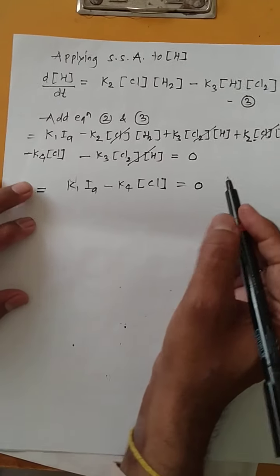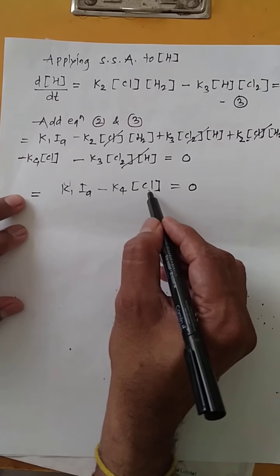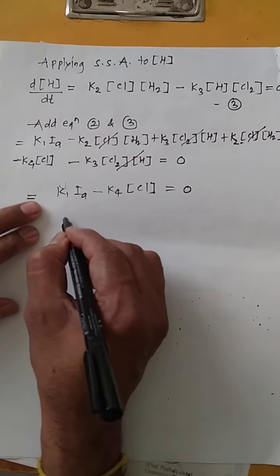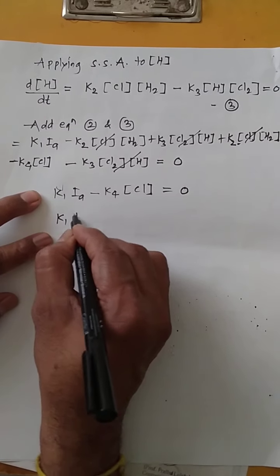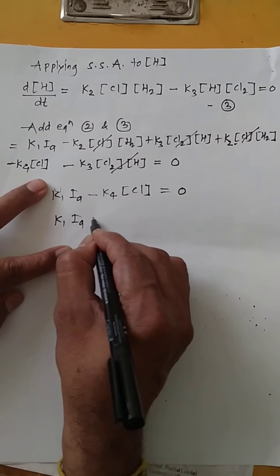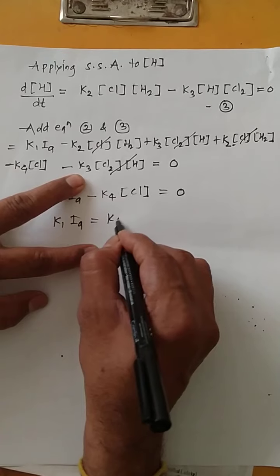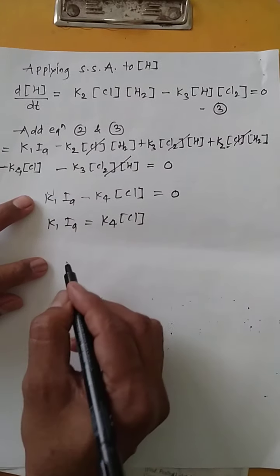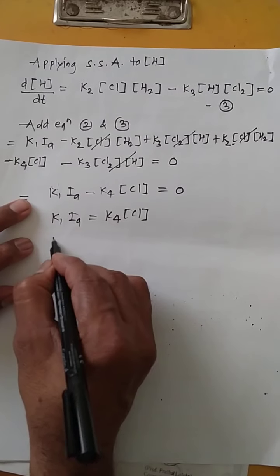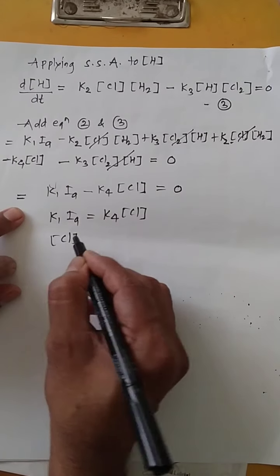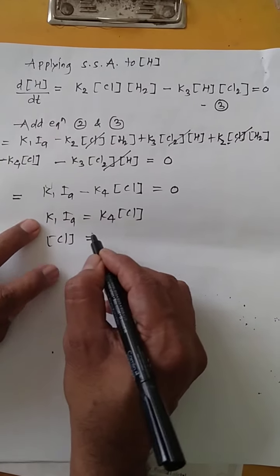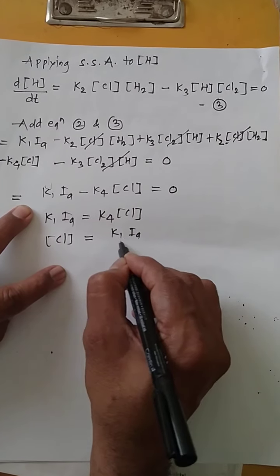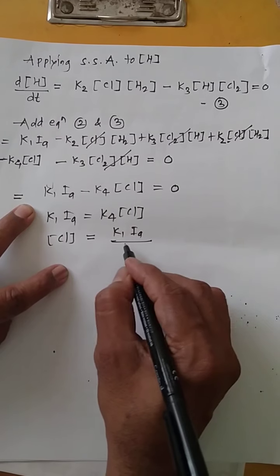Now we have determined the value of concentration of Cl. K1 intensity absorbed is equal to K4 concentration of Cl. Then concentration of Cl is equal to K1 intensity absorbed divided by K4.